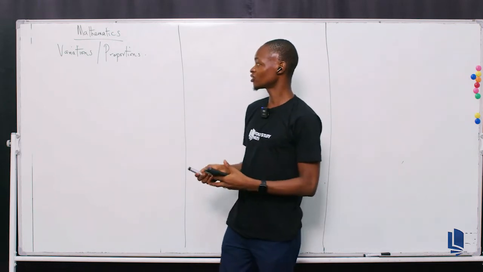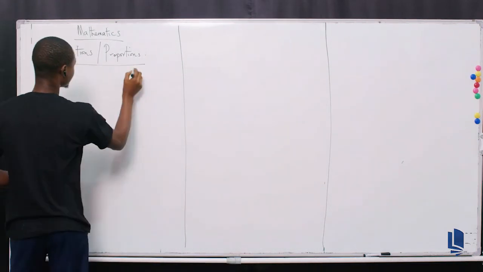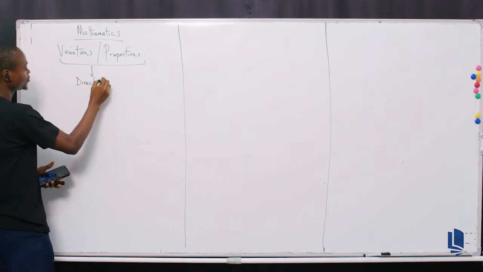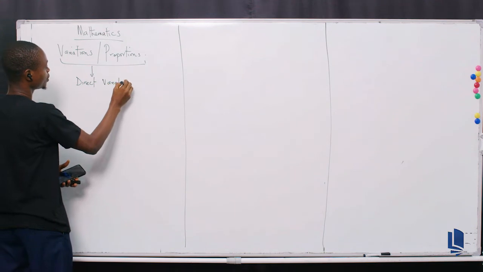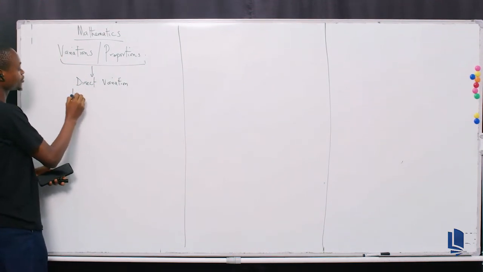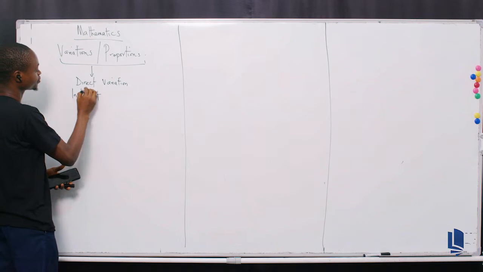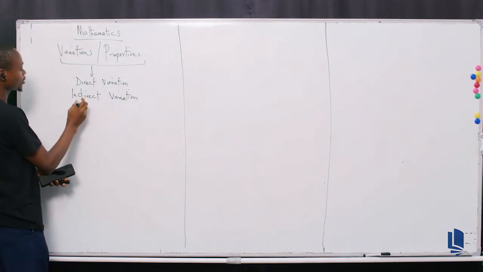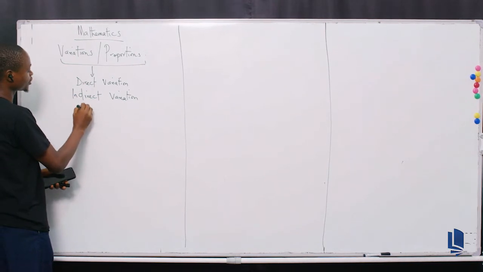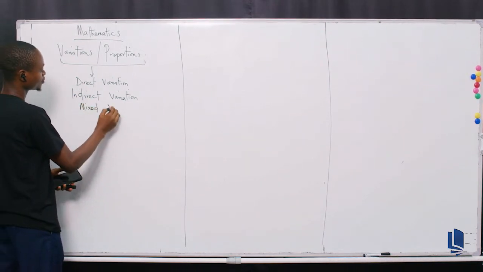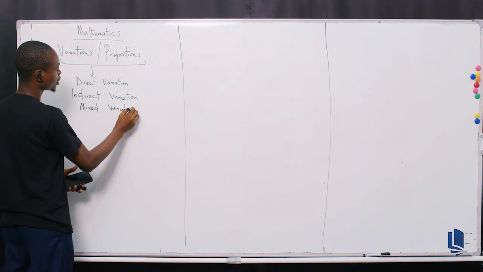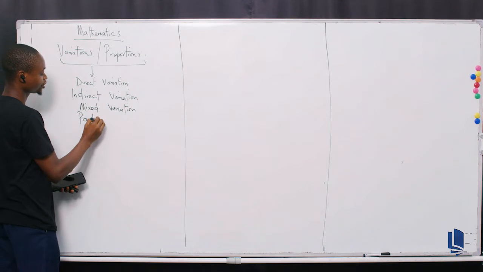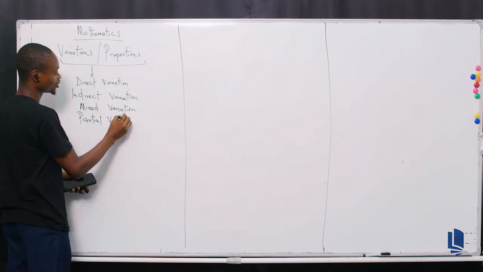For this topic, we will be looking at the concept of direct variation, the concept of indirect variation, the concept of mixed variation, and the concept of partial variation.